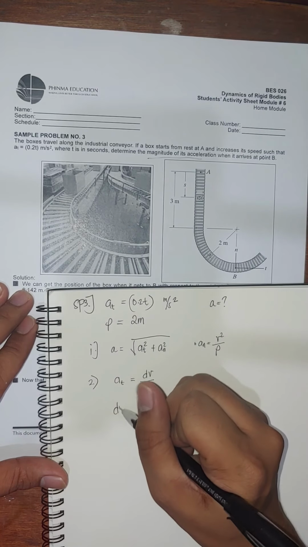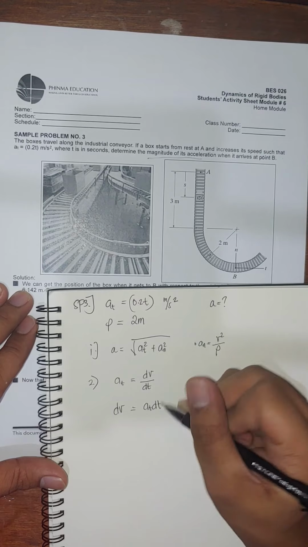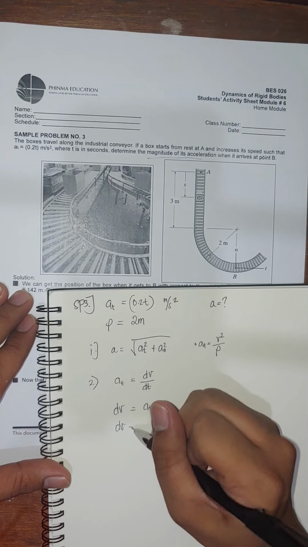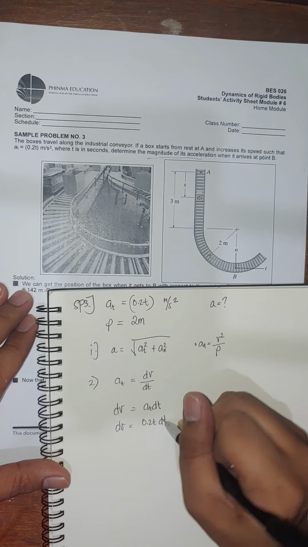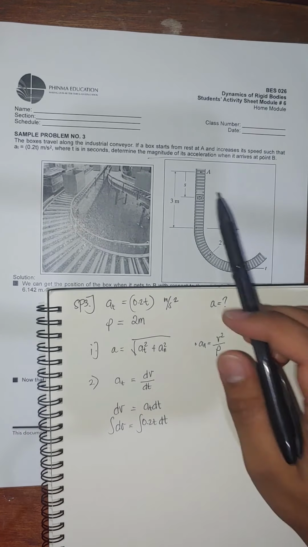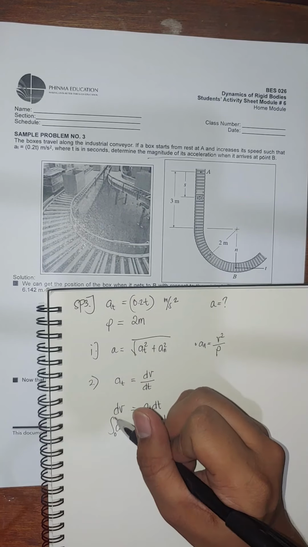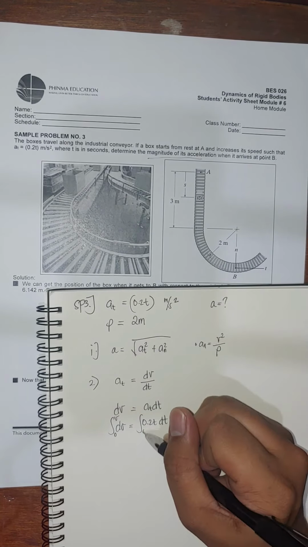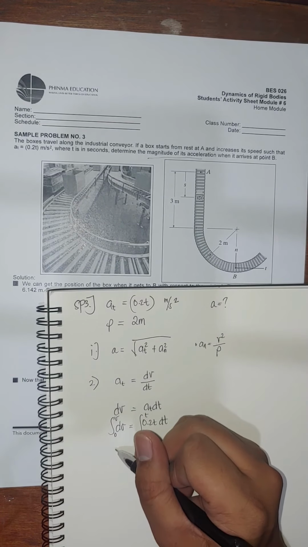We write it here: dv is equal to a_t dt, and our tangential acceleration is 0.2t dt. Integrating both sides. It starts from rest, so the velocity goes from 0 to v, and the time goes from 0 to t.